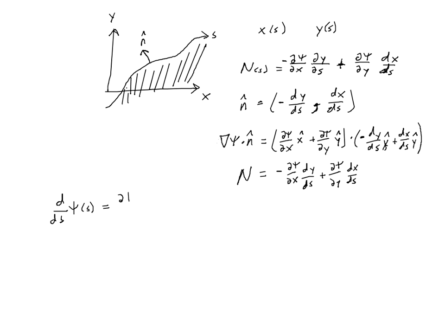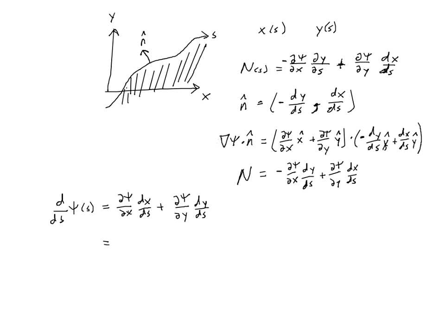And so this is equal to partial psi with respect to x dx ds plus partial psi with respect to y dy ds. Because really I'm taking a derivative with respect to s, but psi doesn't depend directly on the arc length. Psi depends on x or y, so that's why I have to go through all this.